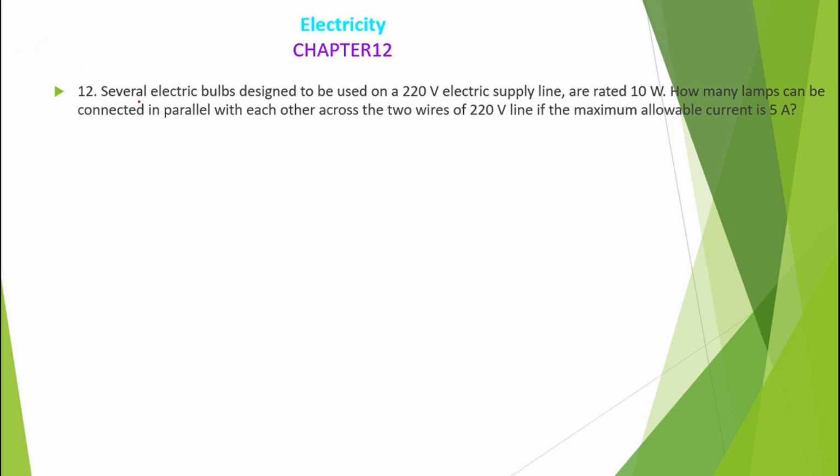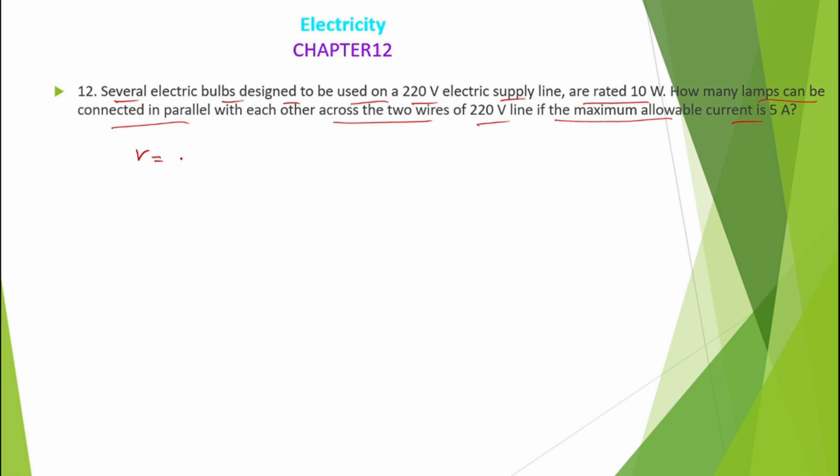So he is asking the next question. Several electric bulbs designed to be used on a 220 volt electric supply line are rated 10 watt. How many lamps can be connected in parallel with each other across two wires of 220 volt line if the maximum allowable current is 5 amps? So what has he given?